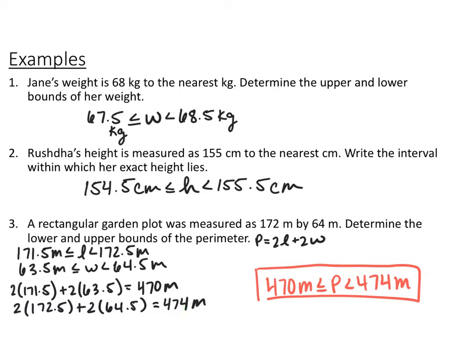So the perimeter to the nearest meter is somewhere between 470 meters included and 474 meters not included. So again, whenever you're rounding to the nearest unit, there is this upper and lower bound of accuracy. Same thing even if you're measuring to the nearest half unit, there's an upper and lower bound of accuracy.